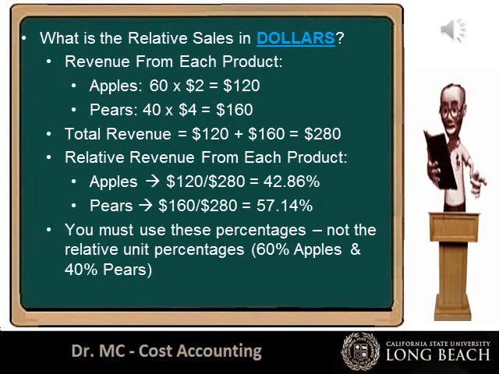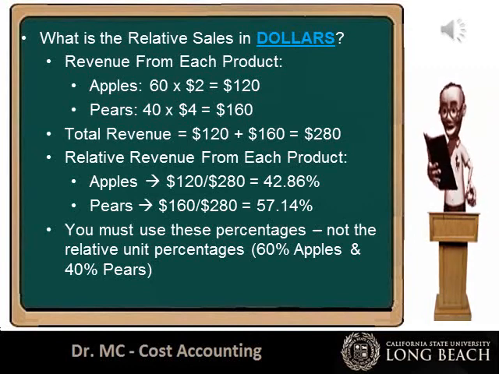When you divide our revenue from apple sales of $120 by the firm's total revenue of $280, you see that 42.86% of the firm's revenue comes from apples. Moreover, if you divide the firm's revenue from pear sales of $160 by our total revenue of $280, you see that 57.14% of our revenue comes from pear sales.